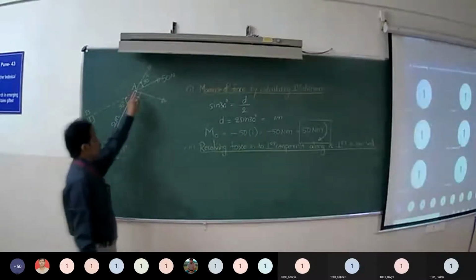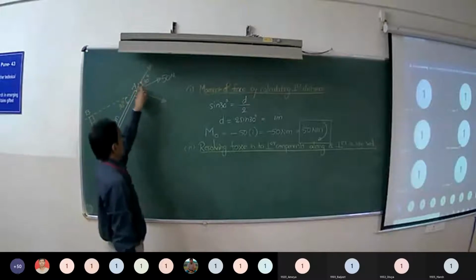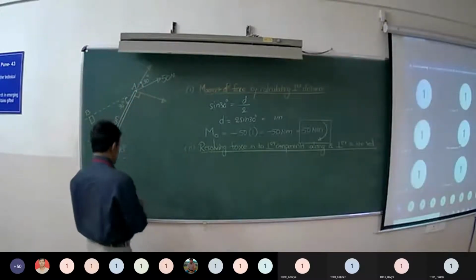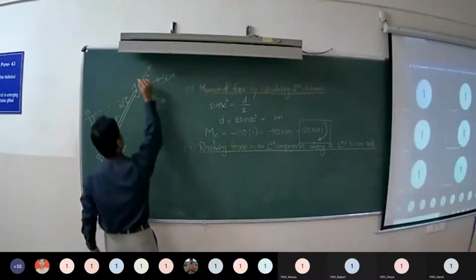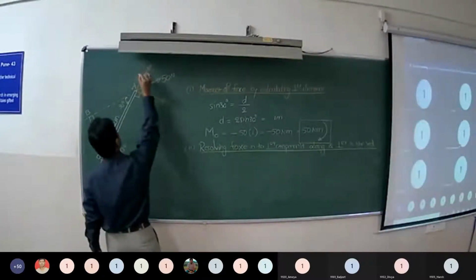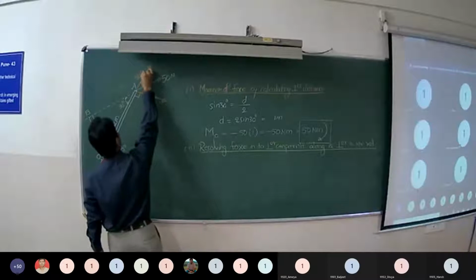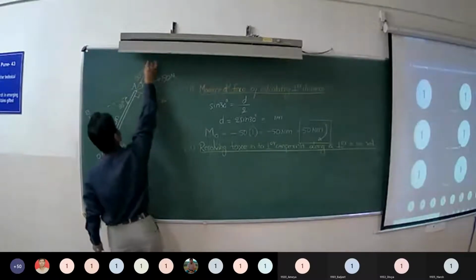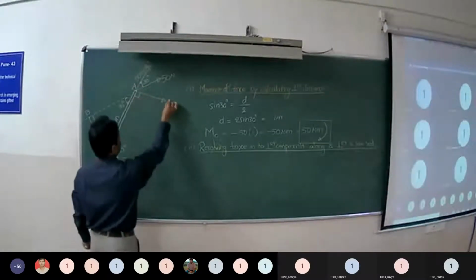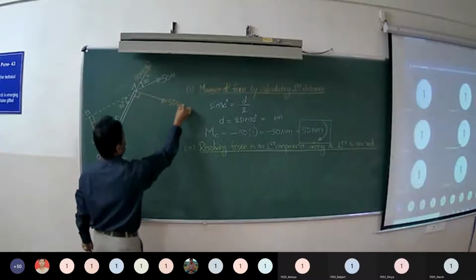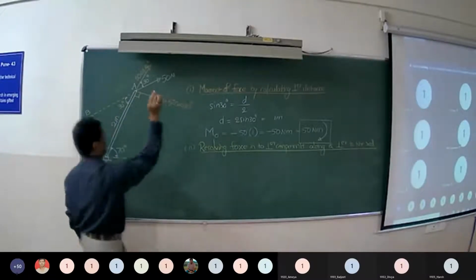Now the component along the rod is making 30 degrees with respect to the force. So the component adjacent to the angle is 50 cos 30. The other component is 50 sin 30.